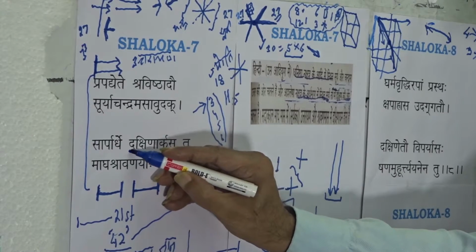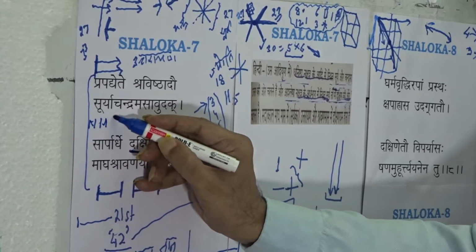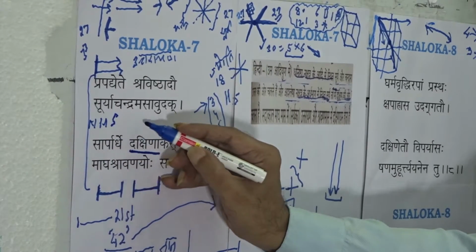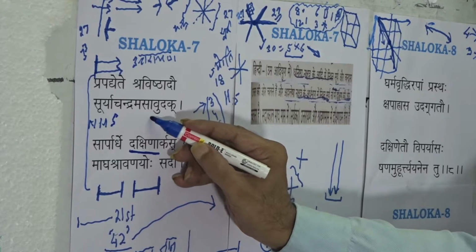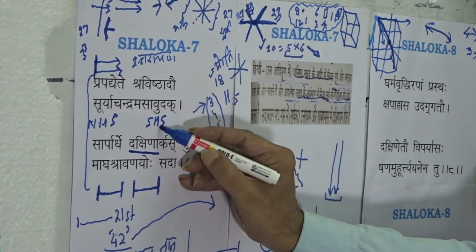So the initial flow is in the northern hemisphere, and after some steps it will have the opposite direction, that of the southern hemisphere.